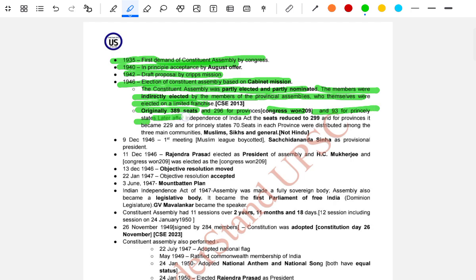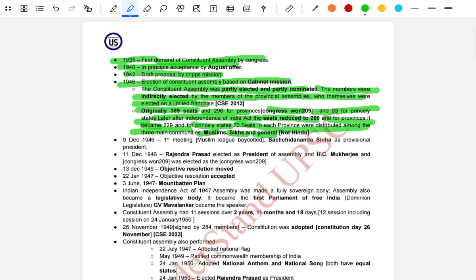Later, after the Indian Independence Act, the seats were reduced to 299, and for the provinces it became 229 and for the princely states 70. Seats in each province were distributed among the three main communities: Muslims, Sikhs and general, not Hindu.